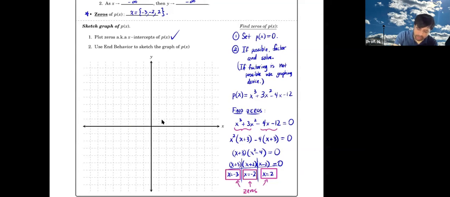So if we want to plot them, I'm going to expand this a bit. Every two boxes is 1 unit, just to space things out.